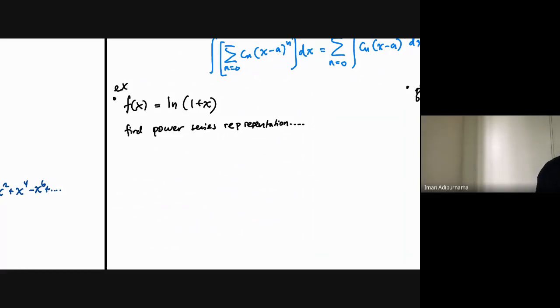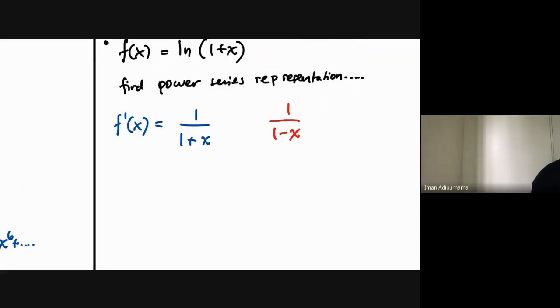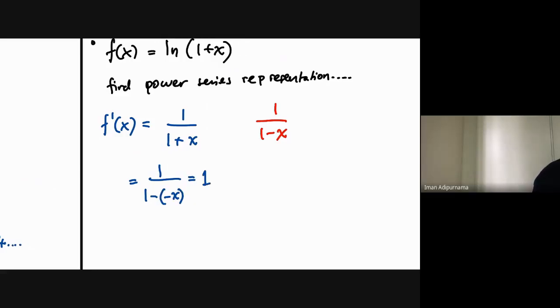Okay, let's start to see the form. If you derive this, it will be 1 over 1 plus x, which is similar to 1 over 1 minus x, right? And this is the key, okay? So first, we try to manipulate the form from here, and we get 1 minus x plus x squared minus x cubed, and so on, right?